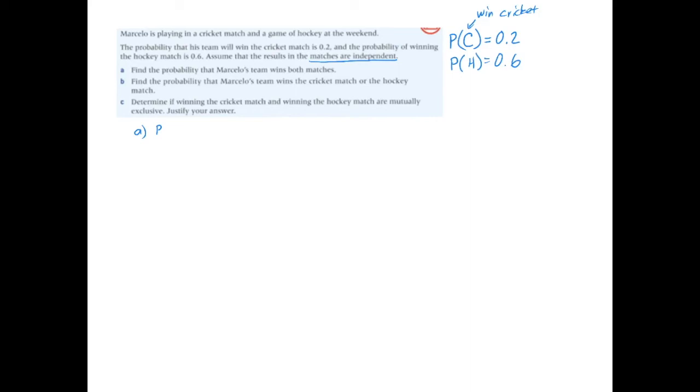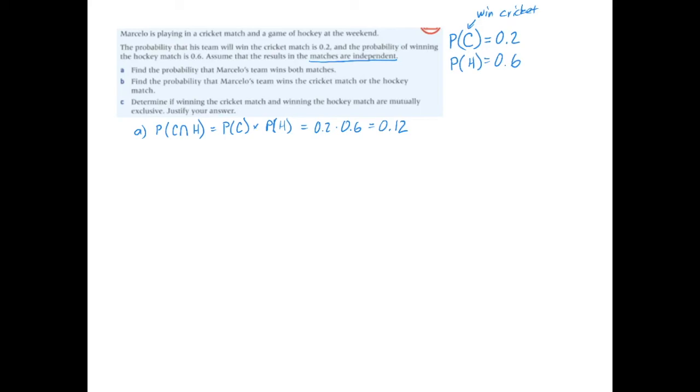So therefore, the probability of winning both matches, that would be the probability of C and H. We just learned that for independent events, this is the same as P(C) times P(H), which is 0.2 times 0.6, which gives us 0.12 probability that they're going to win both matches.